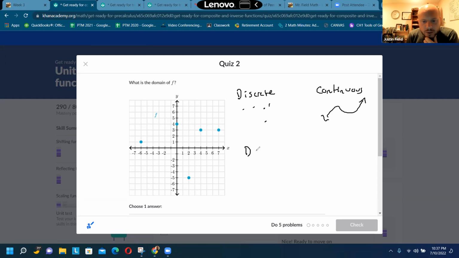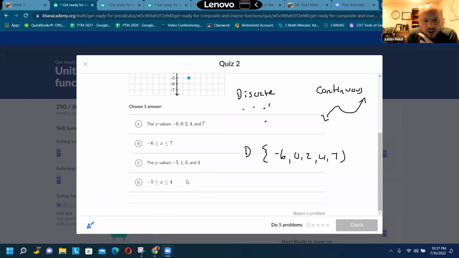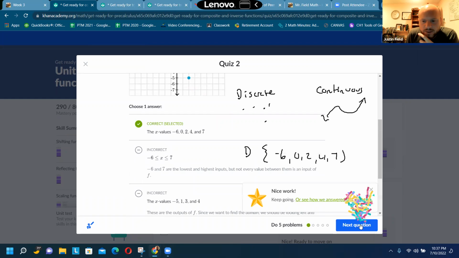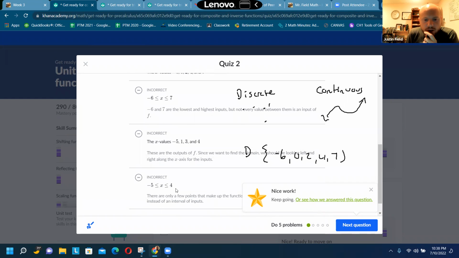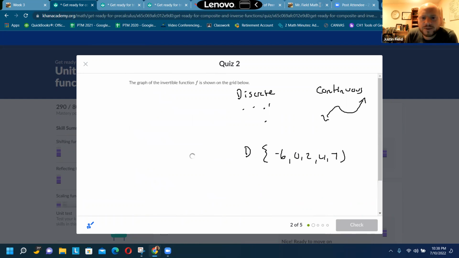And anyway, the domain is -6, 0, 2, 4, and 7. Do you see that? Those are the x values of the points on the function. All right. It's discrete, so it's that one. The other one would be for continuous, you know, would be inequalities, and that is the y values.